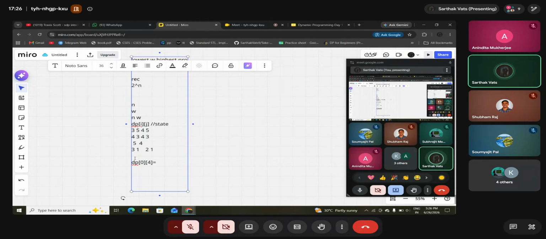Can this be achieved without considering any of the indexes? Can I go to weight 4? So this is not possible, right?